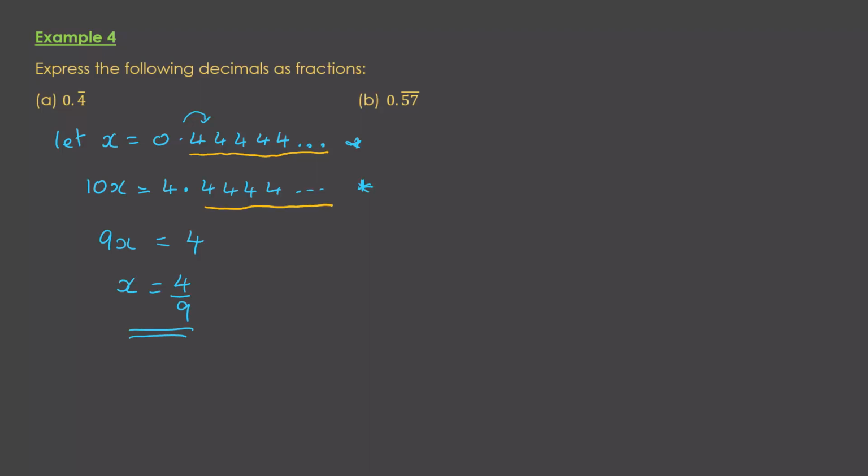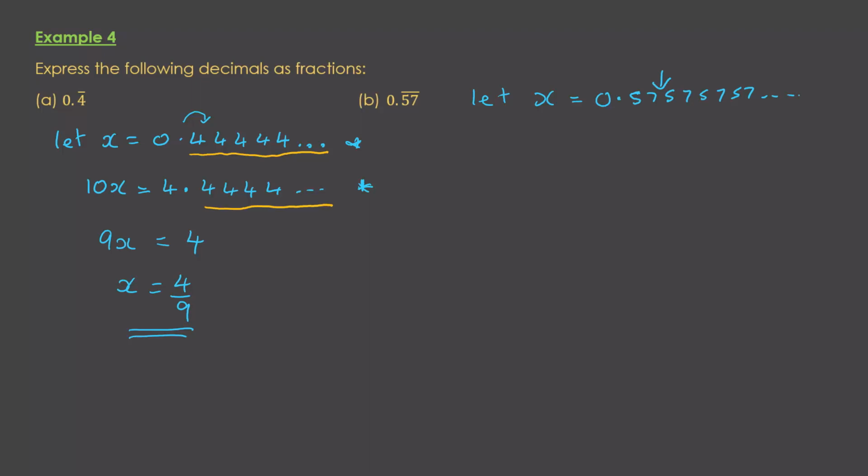Now we can do the same sort of thing with this one. Let x be equal to 0.57575757 and so on. Now, I need to get the decimal point in here so that my decimal expansion is the same, 575757.